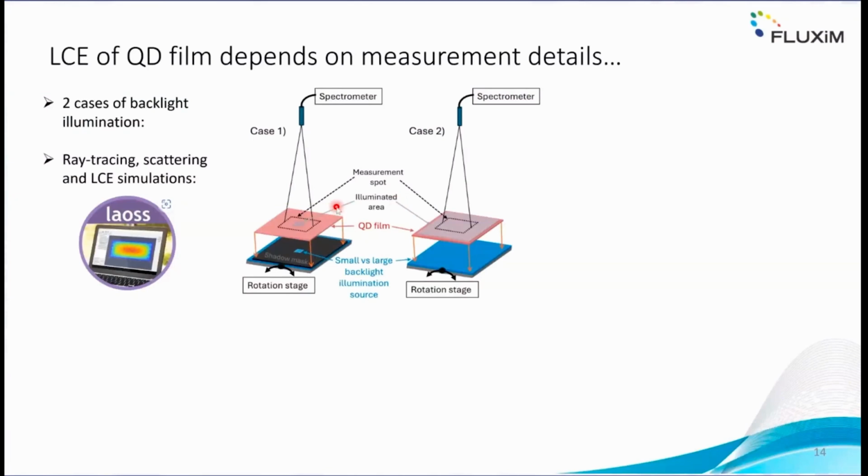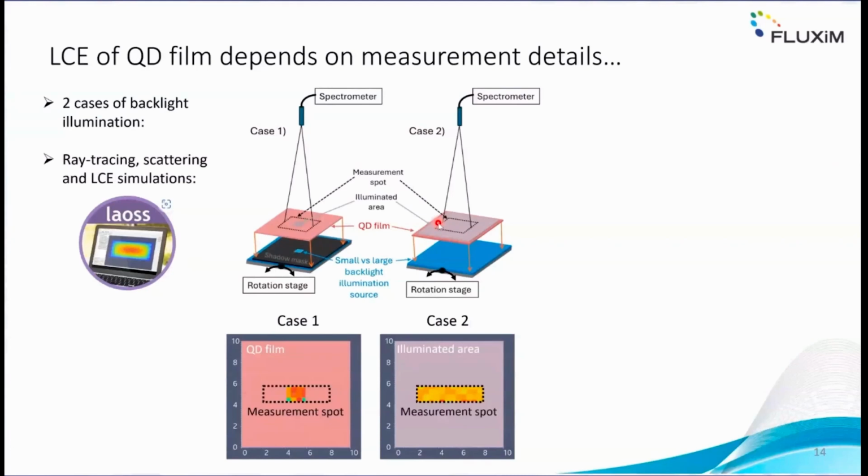In one case, the spectrometer is sensing this spot size here, this square, but the excitation source is a planar light source, but we use a mask such that only a small illuminated area excites the QD film, and the measurement spot is larger than the excitation spot. That's case one. And the other case is where we have a large area illumination source, and that one is larger than the measurement spot.